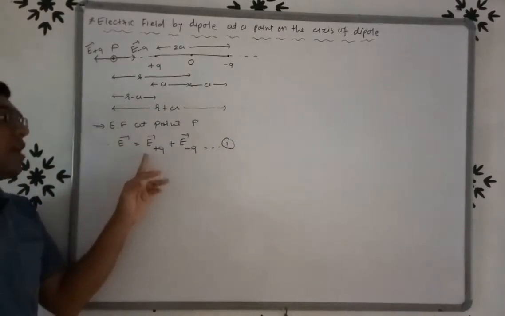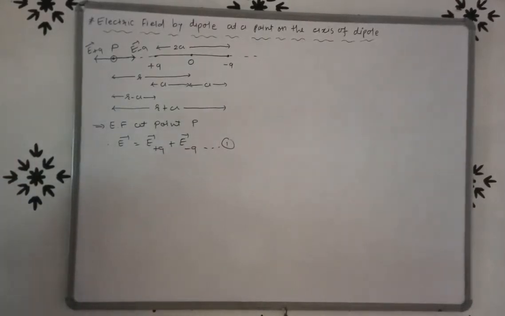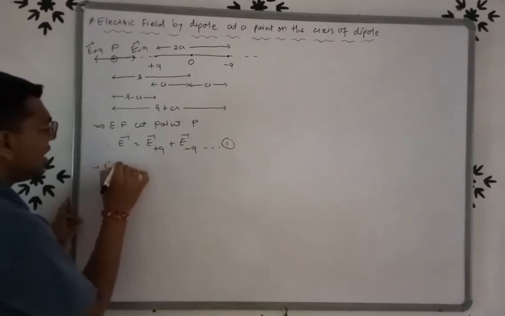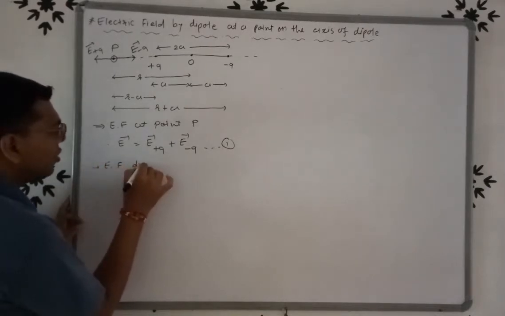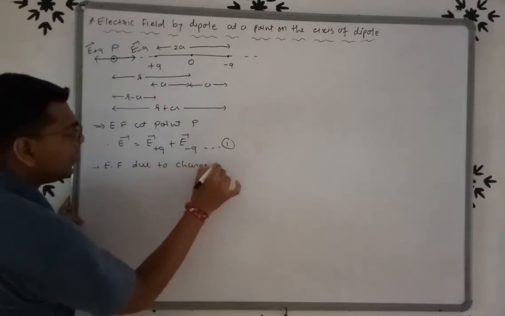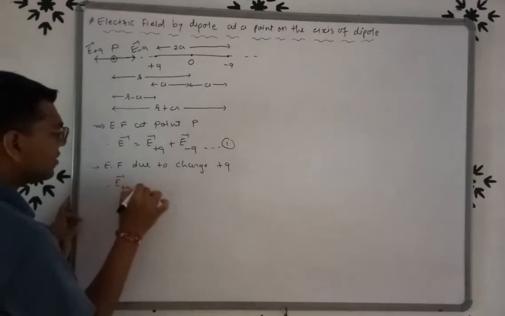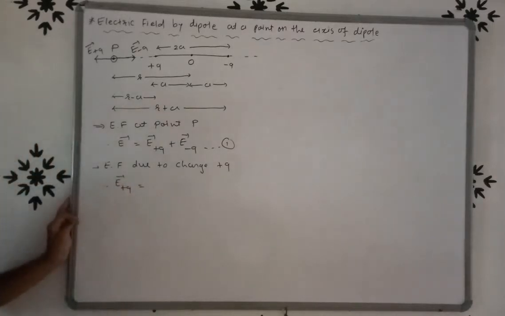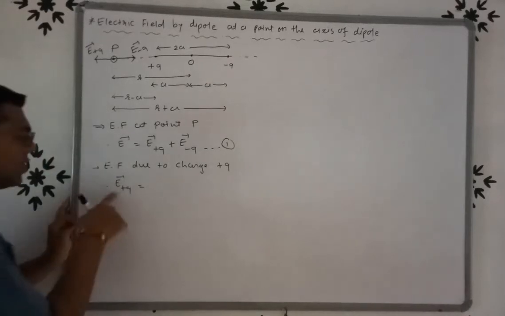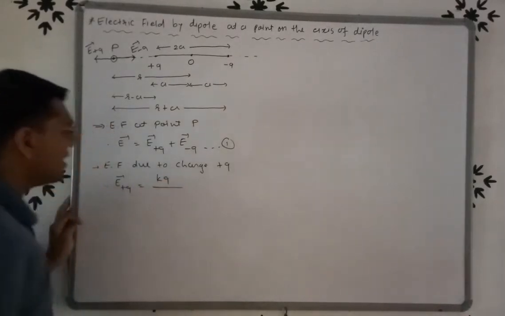Now we have to find out the values of E plus Q and E minus Q. So first of all, E plus Q. The electric field due to charge plus Q. So E plus Q is equal to, we know the formula of electric field, E is equal to kQ upon r square. So E plus Q is kQ upon r square.